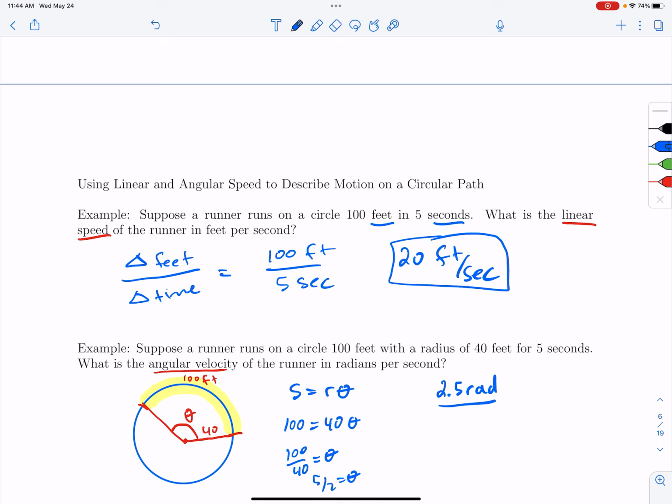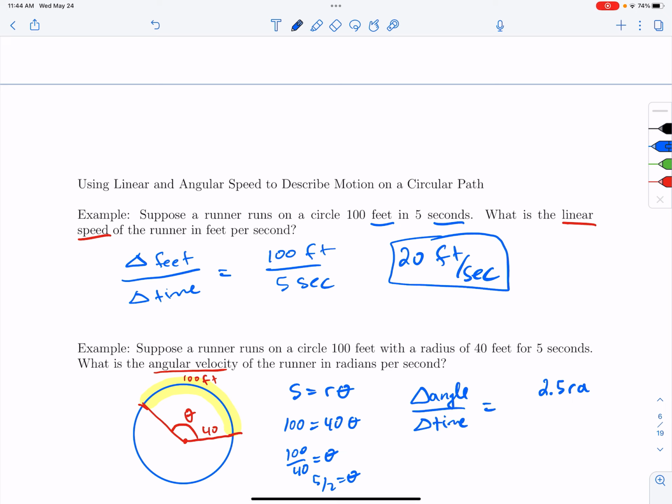Let me just remind us. If we're talking about angular velocity, that's the change in angle divided by the change in time.